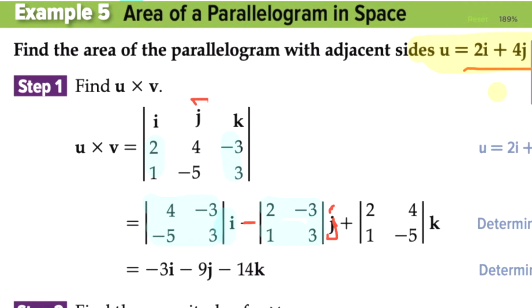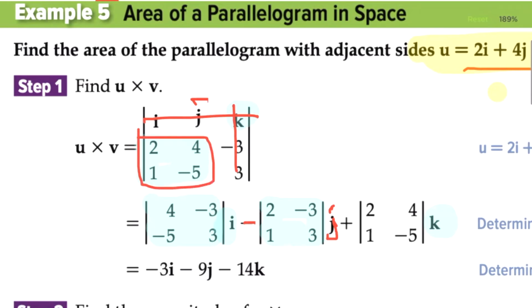And then you go and put k, with plus, and you put the determinant that is not in the row or column of k. Always cross these two, and then you get your 2 by 2 determinant.